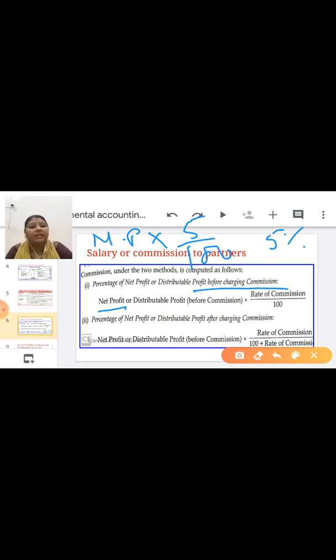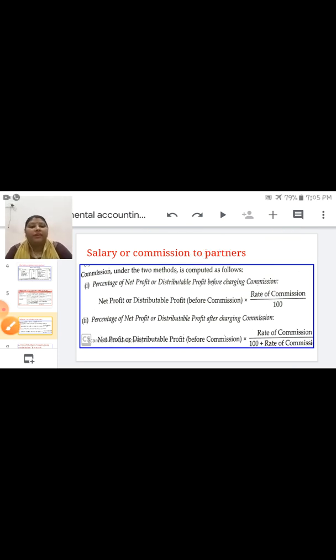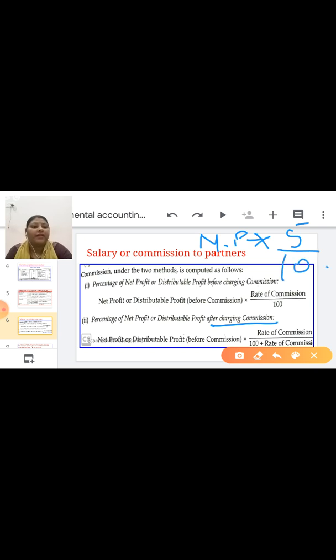But the second method is if it is after charging commission. After charging commission, if the rate is given as 5%, then you calculate net profit into 5 upon 105. It means you add the rate to 100 rupees, 5 upon 105.